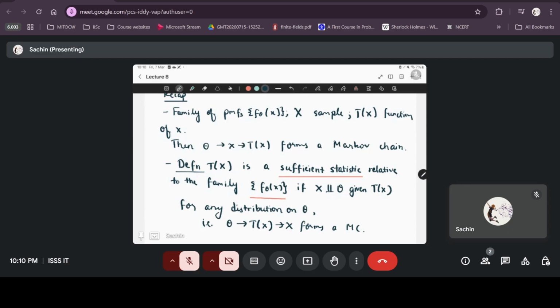So once you know what T of x is, you can't get any more information about the distribution from x. Or likewise, once you know T of x, whatever information you can get from T of x about x, you can get at most the same amount of information from theta about x.